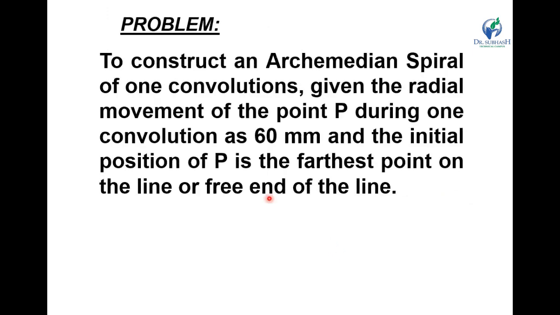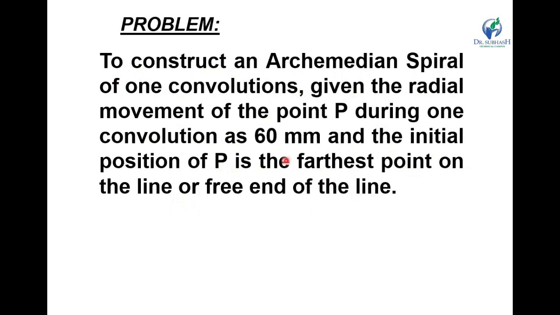Now one problem. Construct an Archimedean spiral of one convolution, given the radial movement of the point P during one convolution as 60 mm, and the initial position of P is the farthest point on the free end of the line.